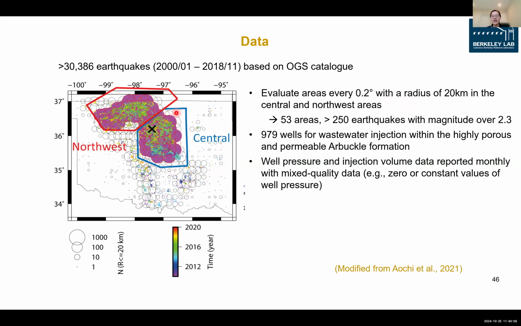From 2010 to 2018, we used the data for these 8 years. There is a lot of data on well pressure and injection volume, reported monthly. Some are good, but some, for example the well pressure, are not good. They're either zero or constant values, so that needs some additional processing.